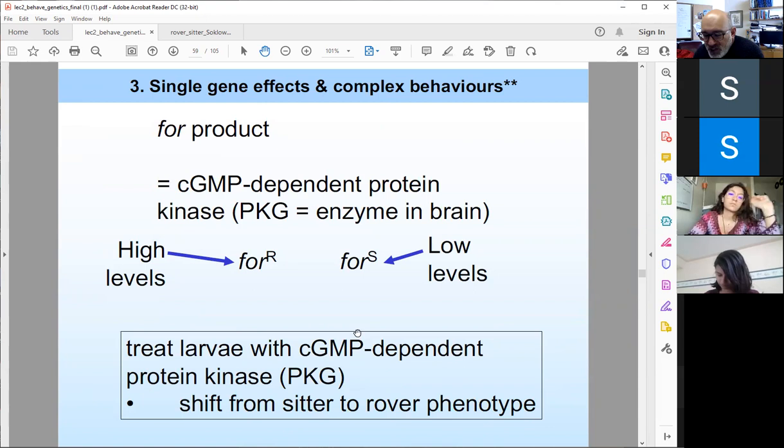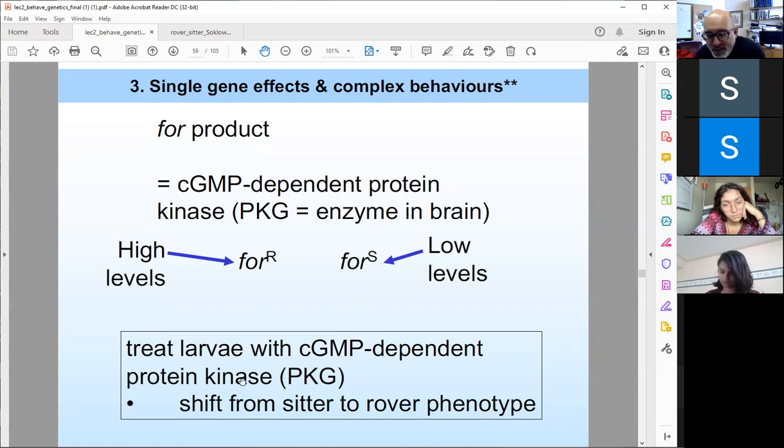This foraging gene codes for something called cGMP-dependent protein kinase. We'll call it PKG for short. This is an enzyme that's expressed in the brain. Flies that have the rover allele have high levels of this PKG, and the sitter flies have relatively low levels of this PKG.